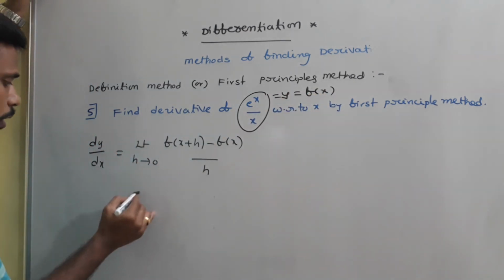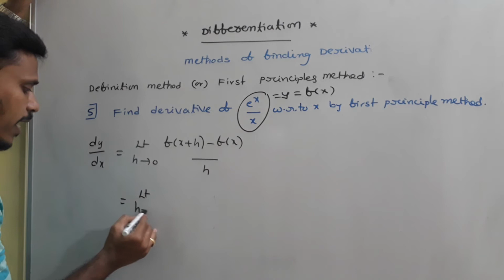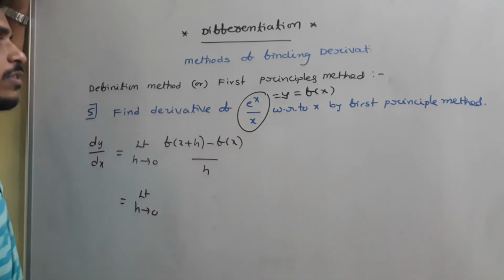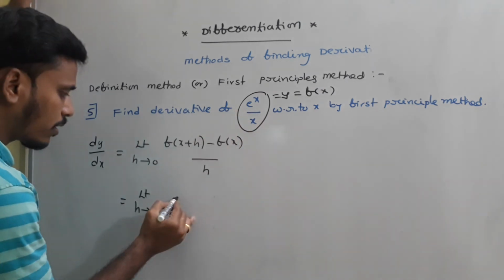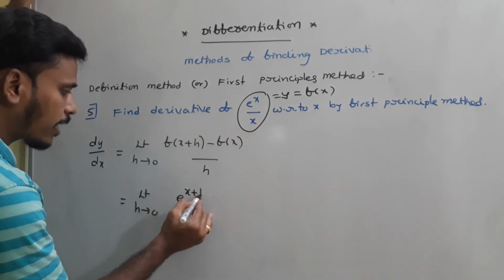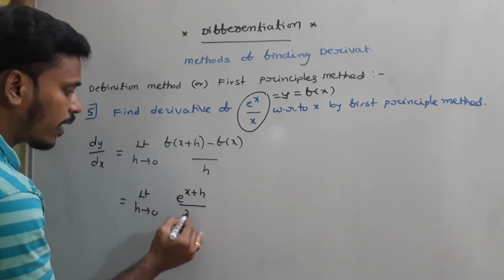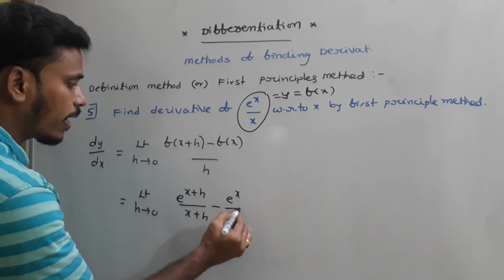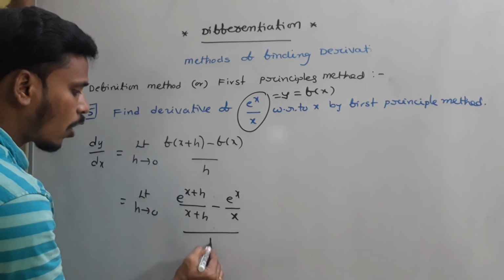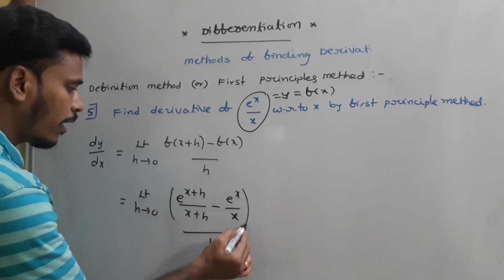Now this equals limit h tends to 0, f of x plus h is what? f of x plus h means replacing x with x plus h. So this is e power x plus h by x plus h, minus f of x, which is e power x by x, and the whole thing divided by h.